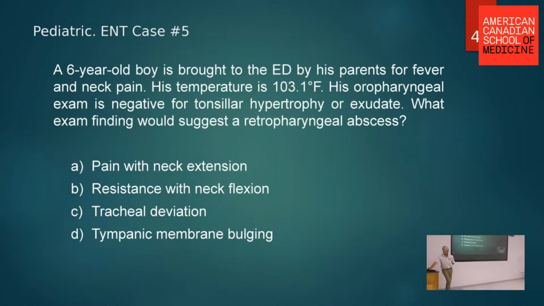So what exam findings would suggest a retropharyngeal abscess? Just starting at the bottom, the tympanic membrane should look normal. Tracheal deviation, not really. Resistance with neck flexion, maybe. Pain with neck extension, maybe.